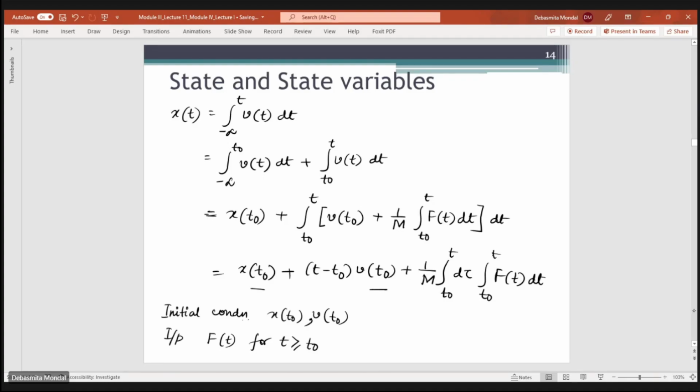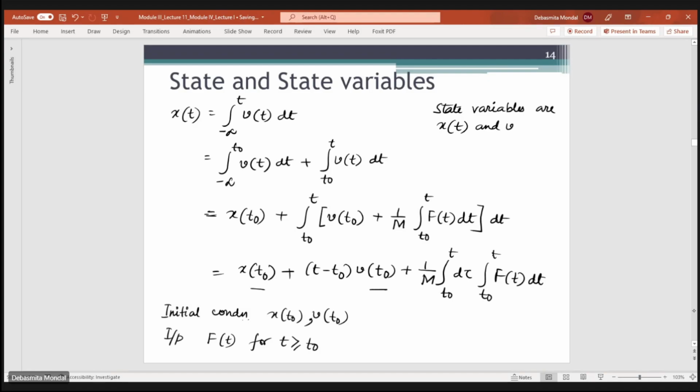Then we will say that the state of the system at any time t, the state variables, are x(t) and v(t).